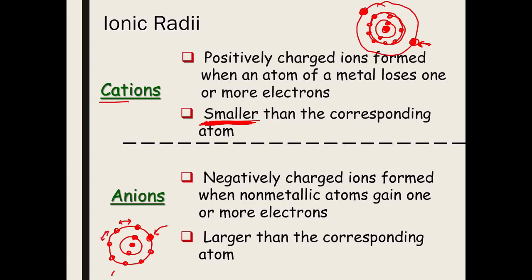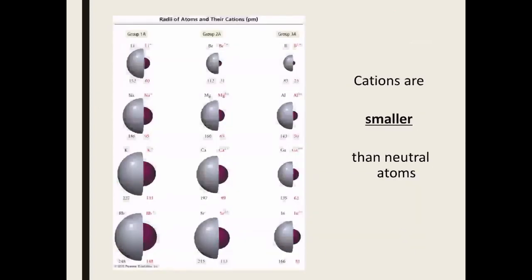And the only way that they do that is by making that 2p orbital larger, right? So anions will be larger than the corresponding atom because the added electron or electrons will repel the existing electrons and make the atom larger.